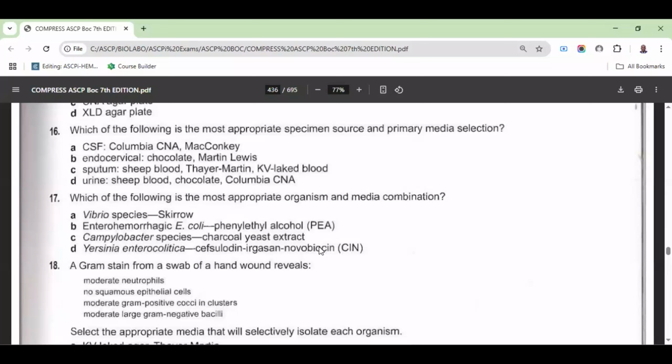Anyone else can tell us, no problem. Then we'll look at it one by one. I'm choosing A. Olive, are you choosing A?